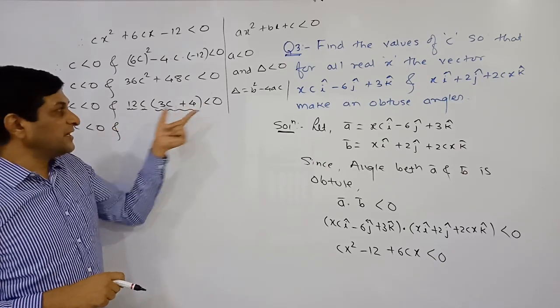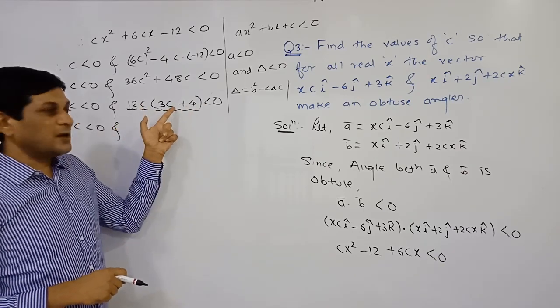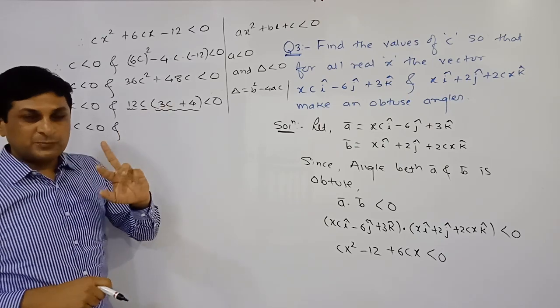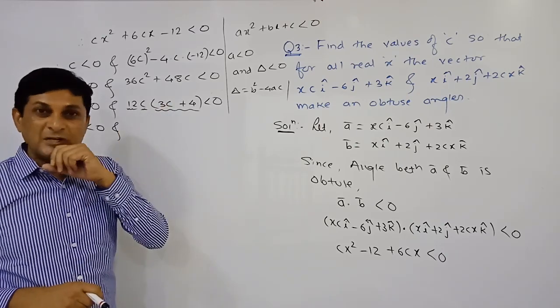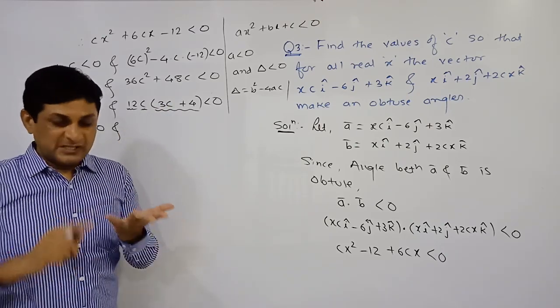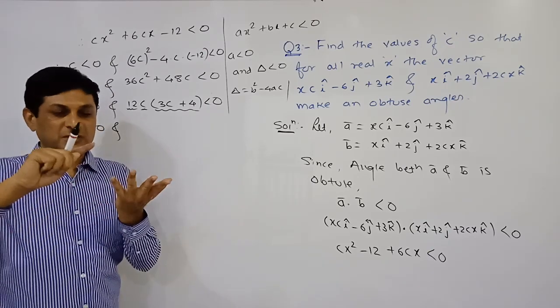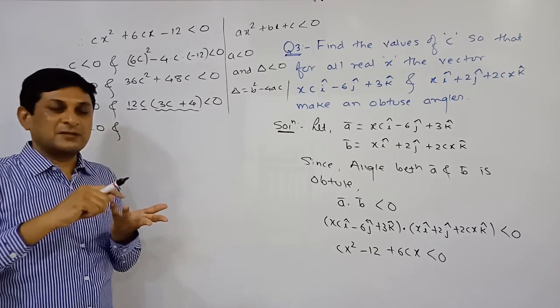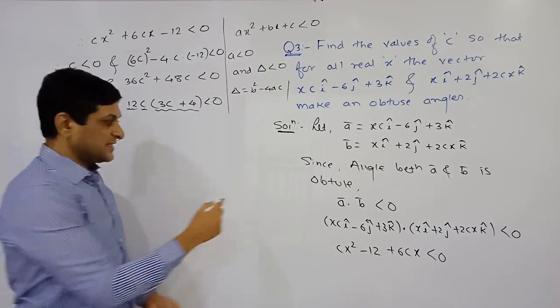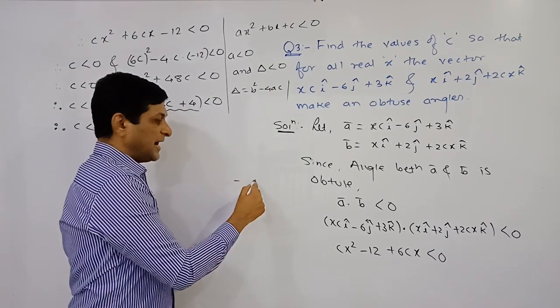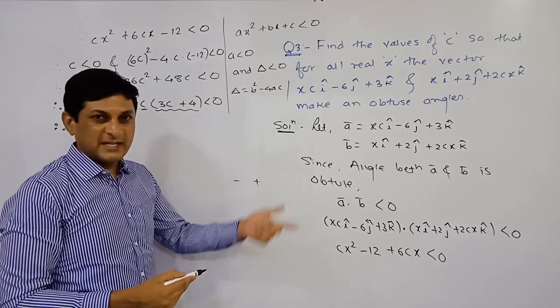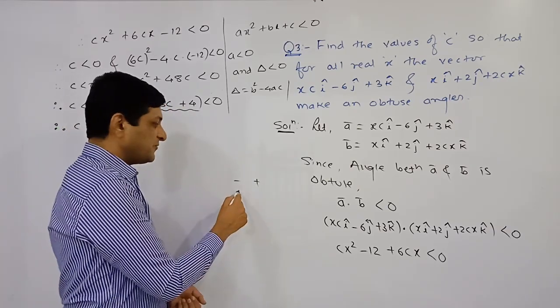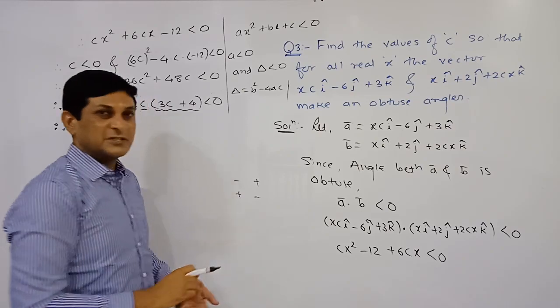Forget about 12 now. Now the product is negative means either c is negative or this term is negative. Because if the product is negative, the two terms are of unlike sign. Means if one is positive, the other is negative. If the first is negative and the second is positive, then the product is negative. Or if the first term is positive, then the second term is negative.